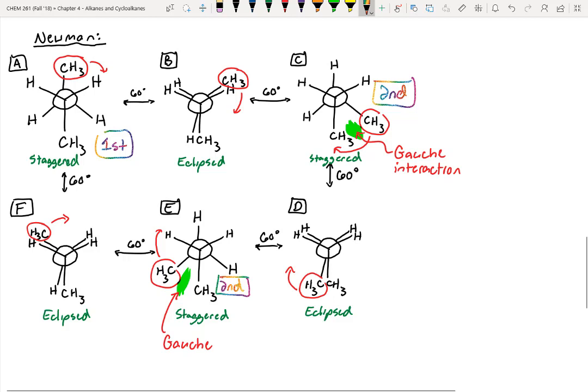D. We've got two methyl groups completely overlapping, so I'm just going to immediately write least stable. It's the loser, but it still gets the rainbow pen. All right, between B and F, which one's more stable, or is it a tie? Or a tie, right? So I would say third, third, and so on.